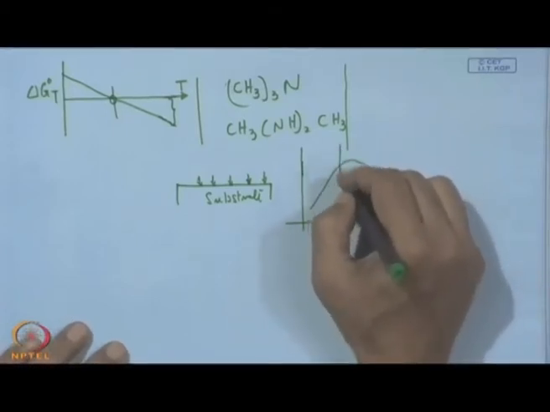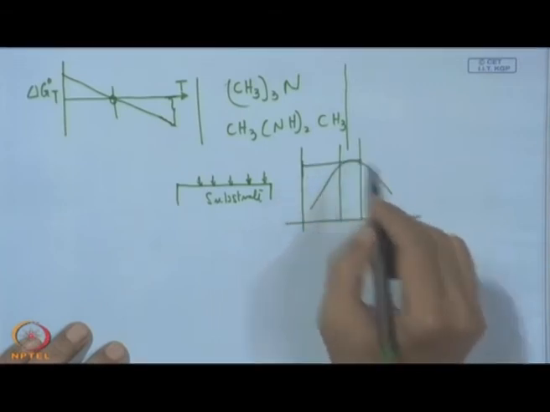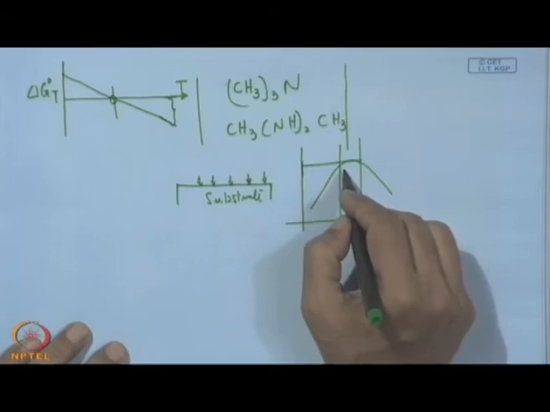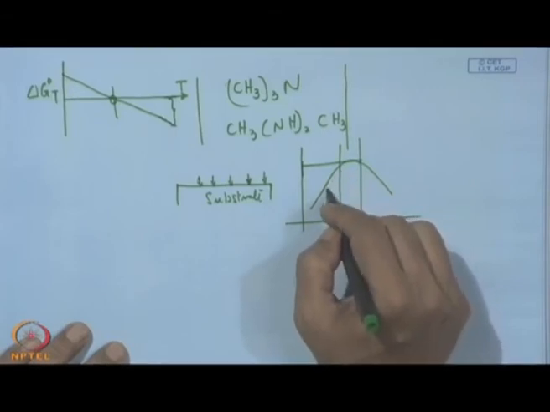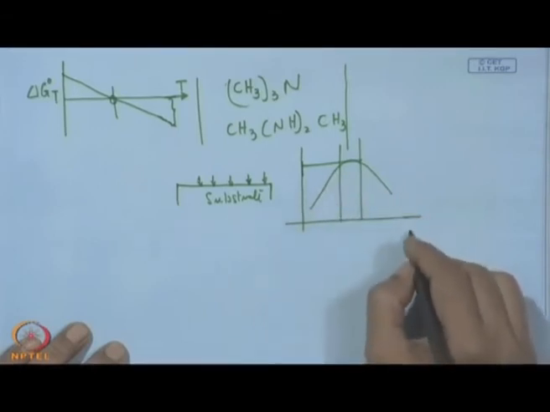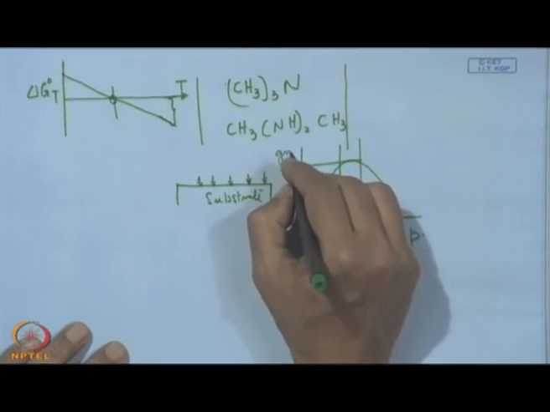This is actually a point which gives the maximum yield, and on this side we have a low pressure, high stream velocity, and this is pressure and that is the growth rate.